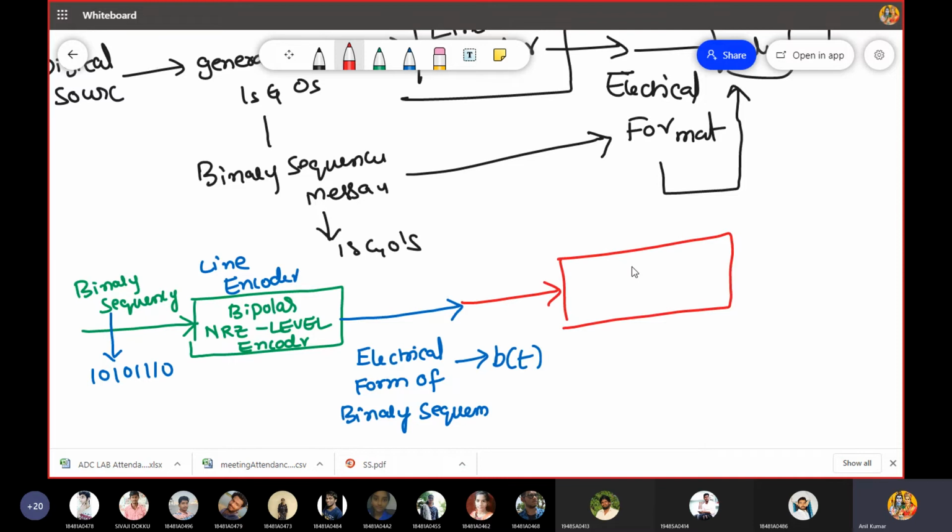Balanced modulator, or product modulator. For a phase shift change, what did I tell you? Two signals. Now this is called the modulating signal, or message signal, the digital message signal.